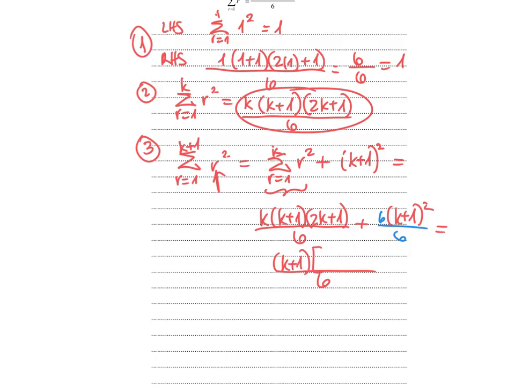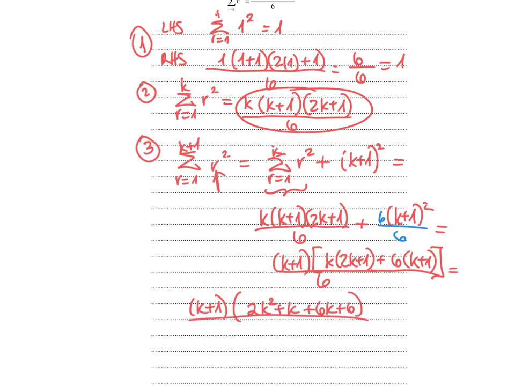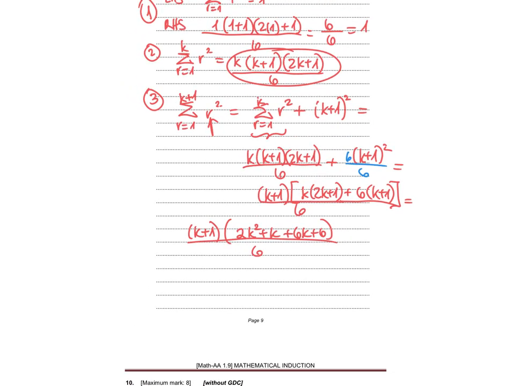On the inside, we're going to have k times 2k plus 1, plus 6 times k plus 1, and then we're going to have k plus 1. When we distribute the k in the first bracket, we're going to have 2k squared plus k plus 6k plus 6 over 6. And then this is k plus 1.